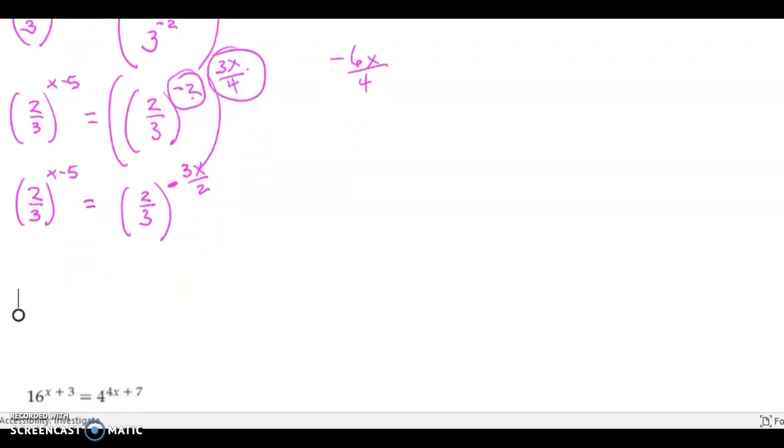Now I can set my powers equal to each other. So we have x minus 5 is equal to negative 3x over 2. That's actually negative 1.5x. So let's add 1.5x, oh no, it would be easier to subtract.